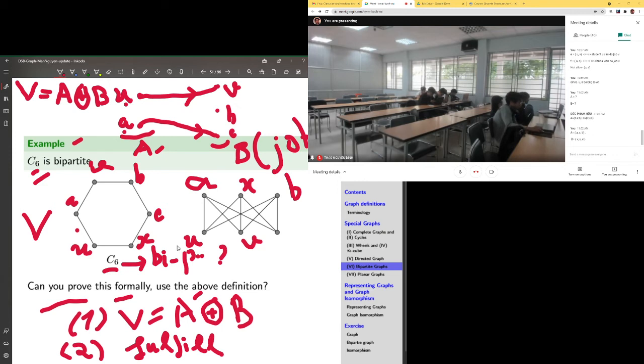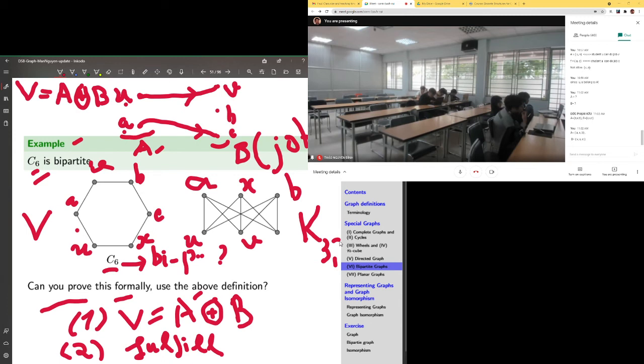So this one is not C6, okay? This one is the one we call later K33. In C6 you have to delete one connection. Delete the AC. You don't have the AC. So the right hand side picture is not C6. That is the one we call K33.